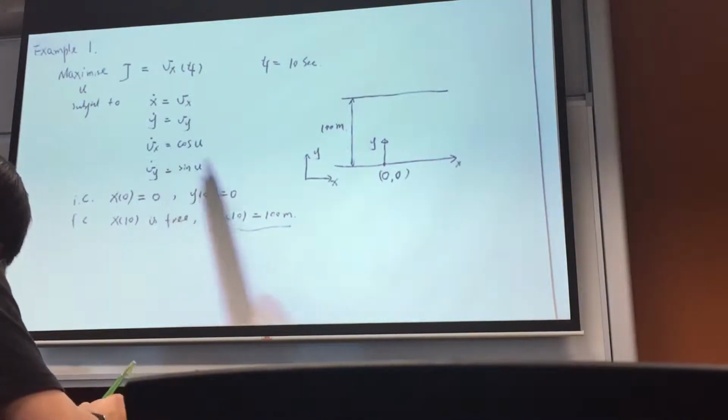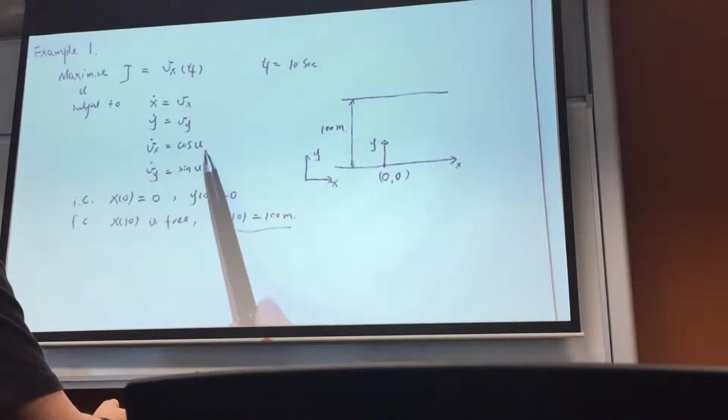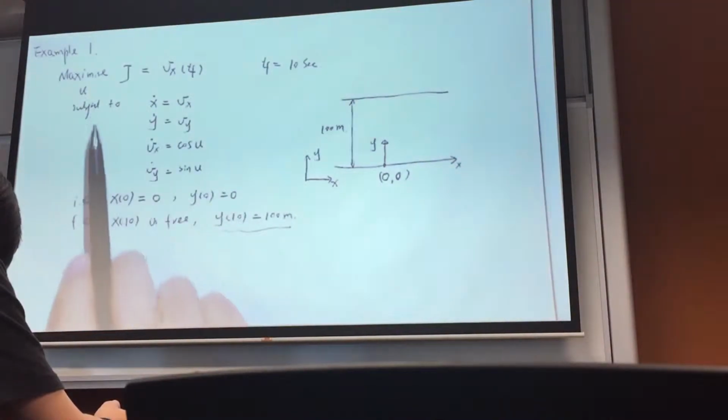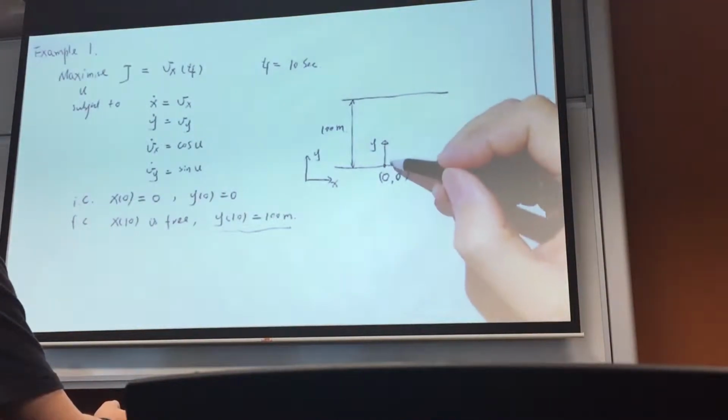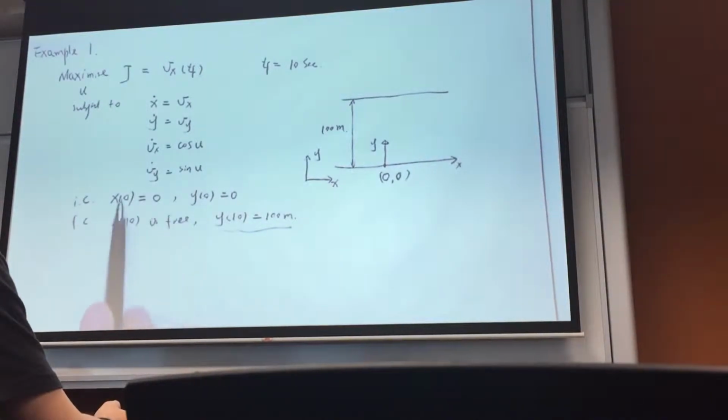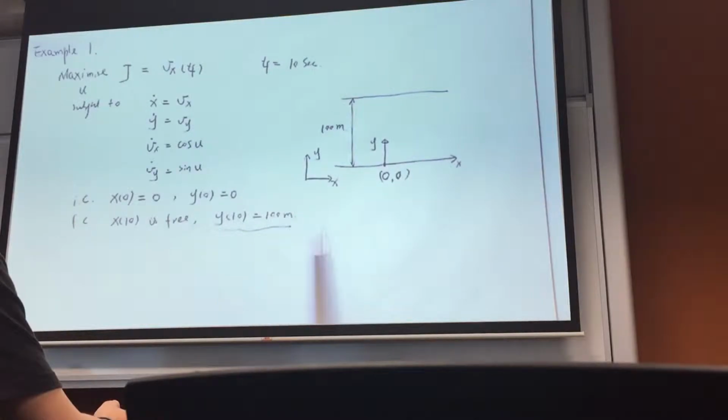This problem requires you to apply proper control input u in order that you can cross this river, because your initial location is at 0, and the final condition is the y position is 100.